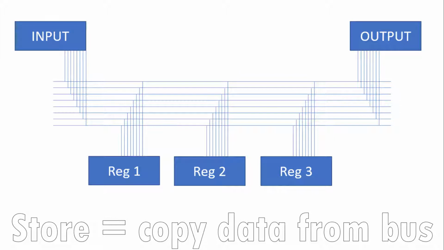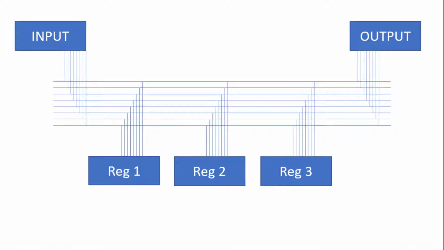Or reading data off the bus, which in the case of a register is a store operation. So if we read some data off the bus, we store it in the register. One way or another, we're putting data onto the bus, or we're reading data from the bus. So we could, from the keyboard, put some data on the bus, and register 1 could read that data. It could store that data in register 1.